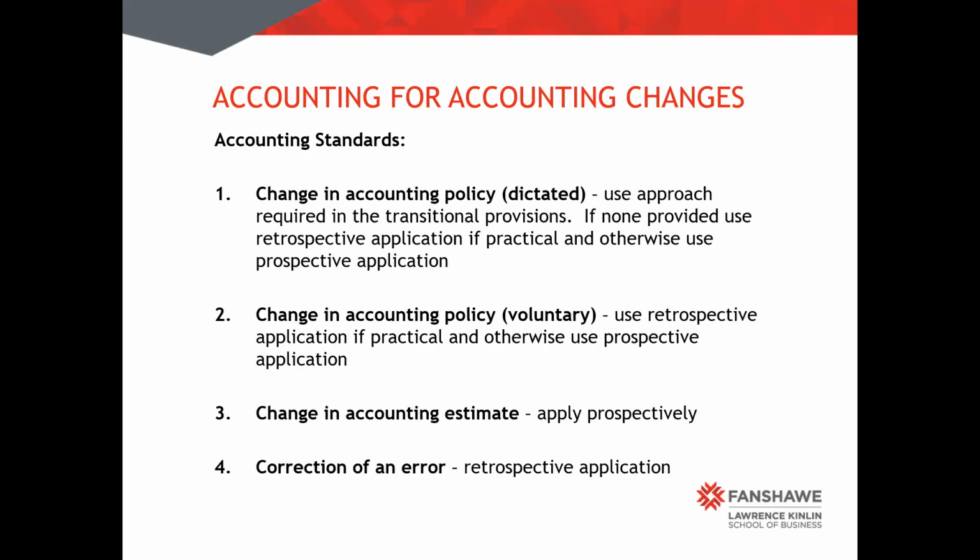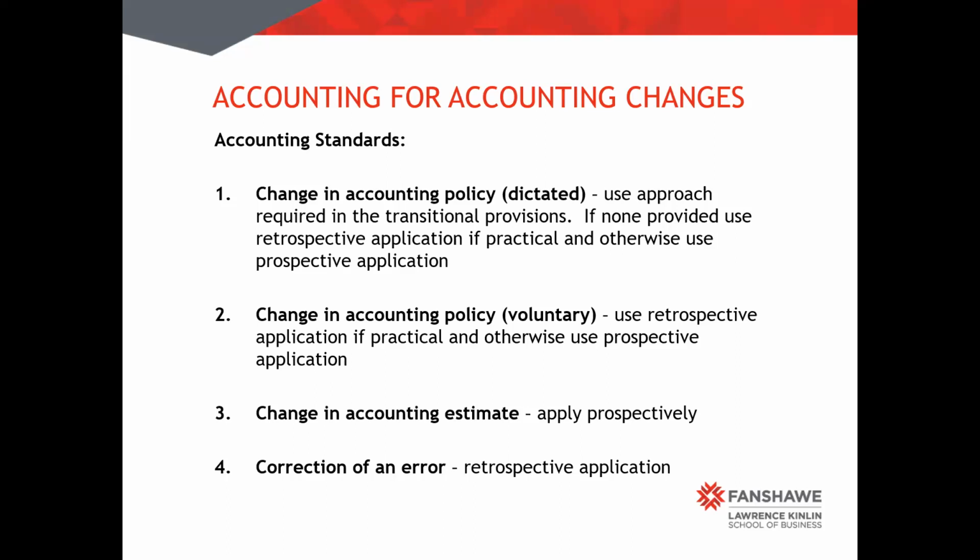The accounting standards dictate that a change in accounting policy, okay, so we use the approach required in the transitional provision. So if it's an accounting policy change, they will state in that policy how you need to apply, whether it's retro or prospective. If it does not tell you which one to use, you need to use retrospective if it's practical.